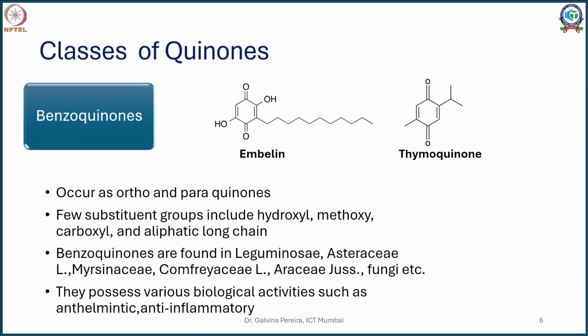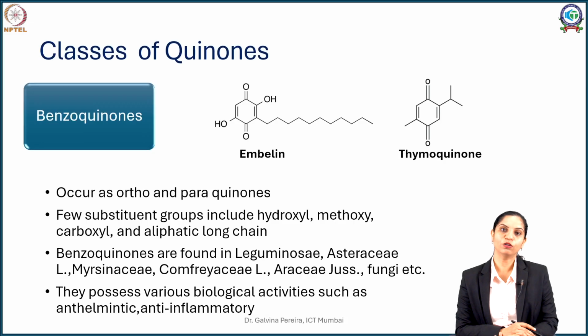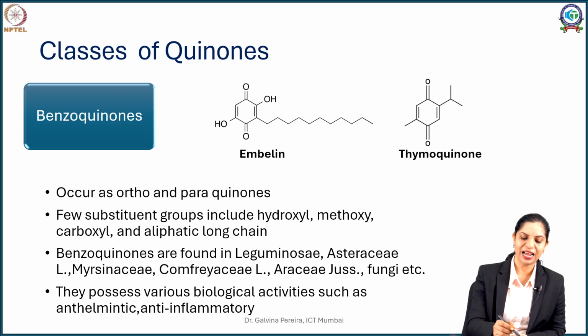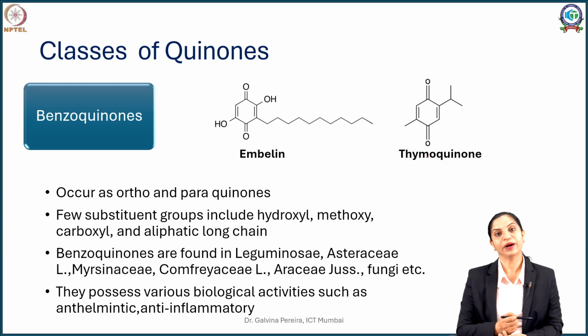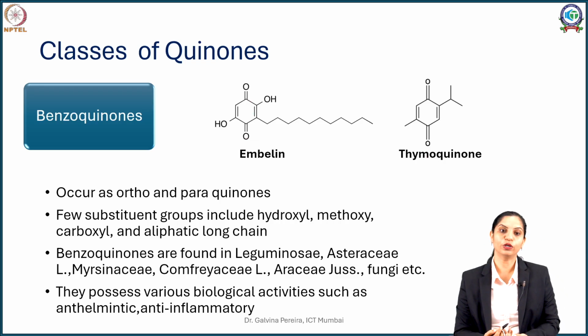Now let's take a simple case, or let's study today a class of quinones which is benzoquinone. Benzoquinone, as the name implies, is a quinone or a diketone substitution on a benzene ring. Now you can see here, as is the case with embelin, there is a 1,4, and even in thymoquinone there is 1,4. But in nature there are also quinones which are orthoquinones.